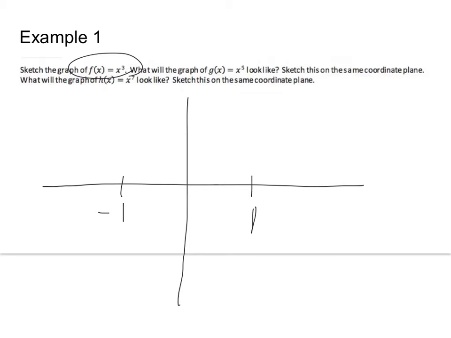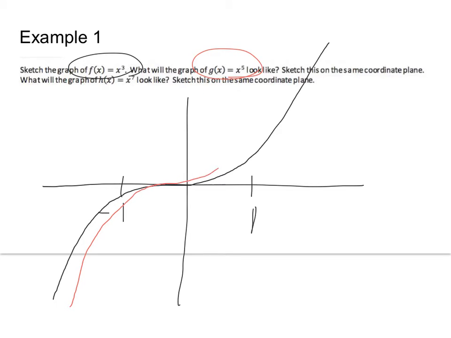So this first one is going to be, remember, more gradual, not very steep. Our second one, x to the fifth, a little steeper. And our last one, x to the seventh, yes, even steeper. Okay.